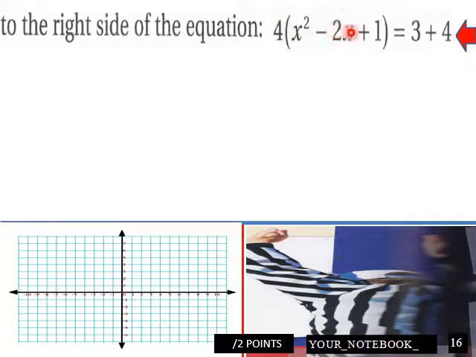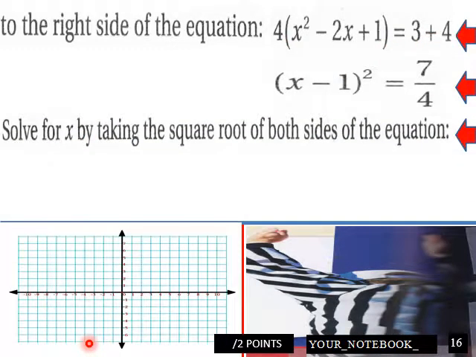Here's our perfect square. And then 4 times 1 would be 4 here. You've got to add 4 to the other side as well. So we come up with x minus 1 squared equals 7 over 4, because we divide through by 4 here. And solving for x by taking the square root of both sides of the equation, we come up with this here.